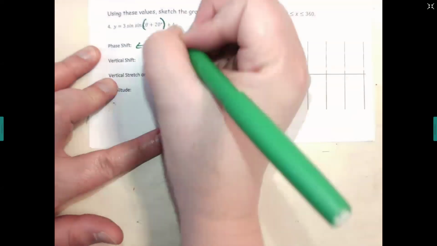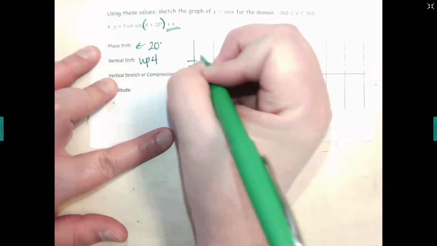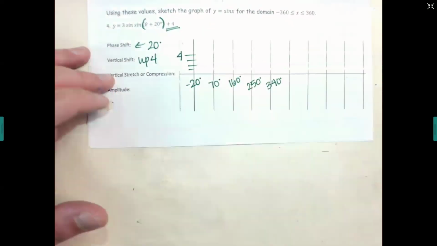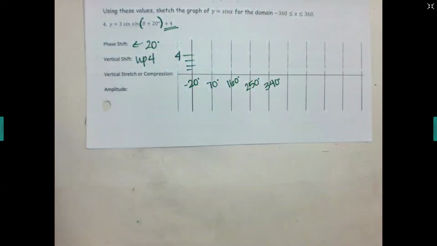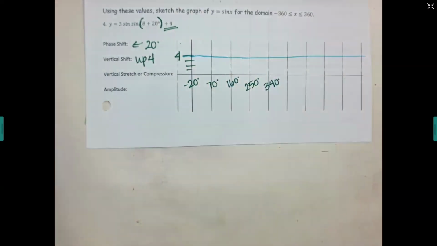But remember, from here to here is still 360 degrees. You're just not starting at 0. You're starting at -20. Okay, I have a +4 at the back. That's going to shift my graph up 4. So count 1, 2, 3, 4. 4 is your midline. What's my amplitude? 3. 3 is correct.